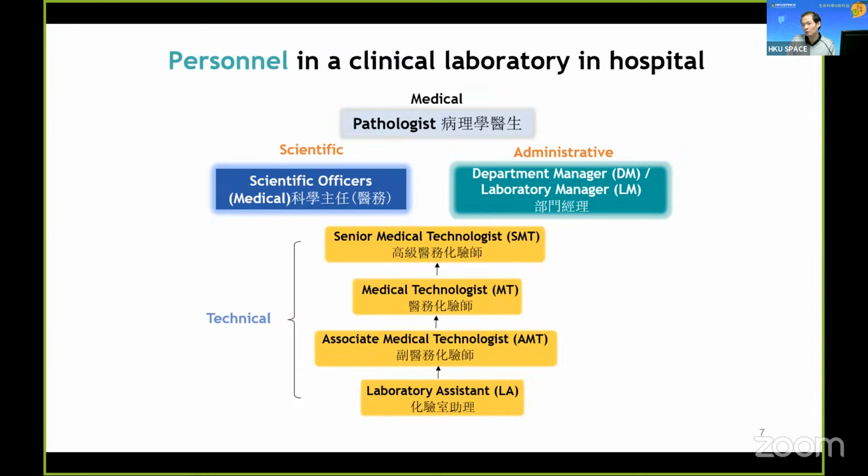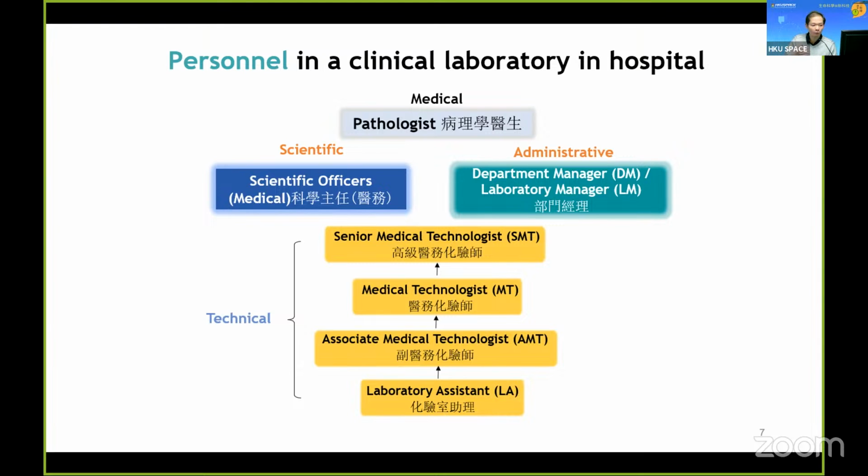There will definitely be an administrative group who supports the daily operation of the lab. And importantly, there's a technical group who perform all the tests. There are mainly 4 different grades, from lab assistant to associate medical technologist to medical technologist to senior medical technologist.